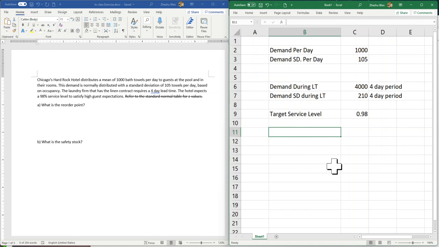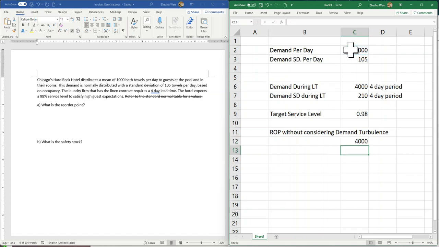If you're assuming that daily demand is constant, your reorder point without considering demand uncertainty is basically 1,000 multiplied by 4.